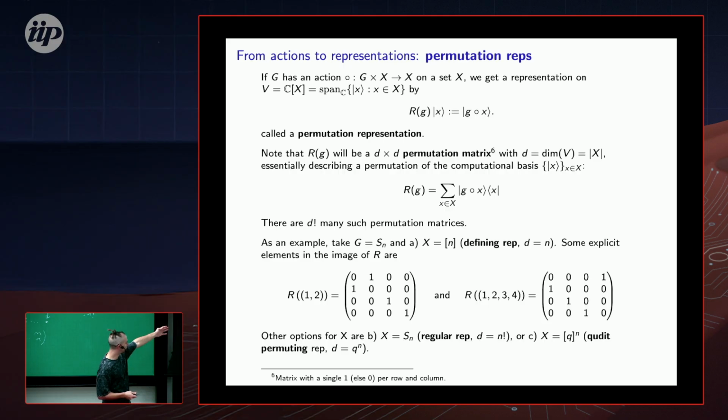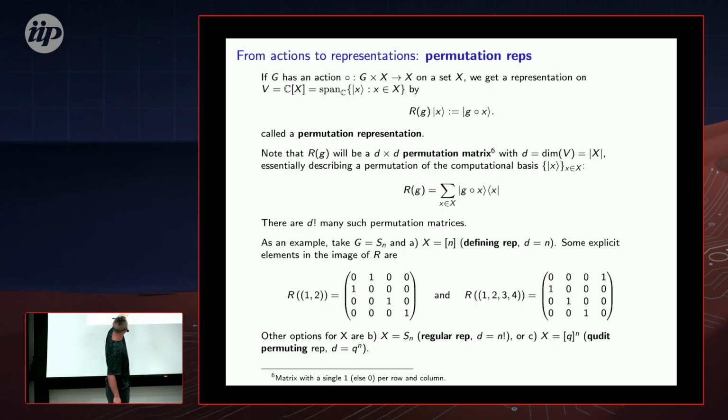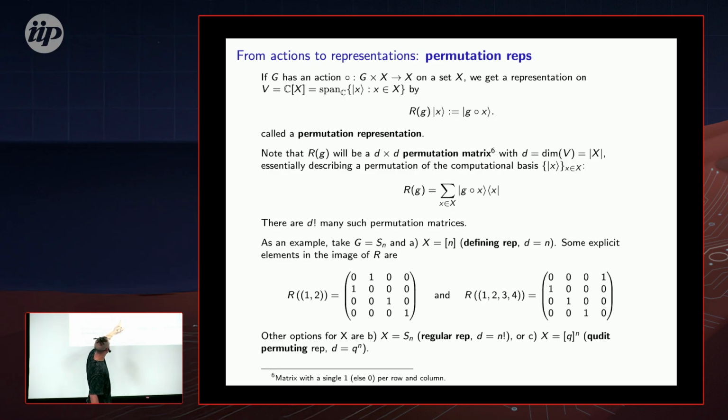And here I'm writing two explicit matrices, for permutation (1 2) and permutation (1 2 3 4). The way to read this is to look at the columns. This is the first state of the computational basis, this is the second, this is the third, and this is the fourth. It's just reordering these things. And the same you can see in the other one.